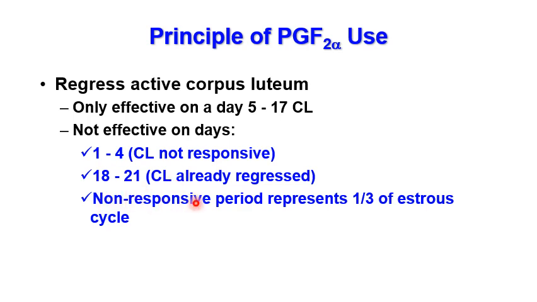The non-responsive period would represent 1/3 of the estrous cycle, so that is 8 days. 1 to 4 is 4 days plus 18 to 21 is 4 days. So that would be 8 over 21, or 1/3 of the estrous cycle, that is non-responsive to PGF2 alpha. The other 2/3 of the cycle is of course the one that is responsive to the PGF2 alpha, and it is a time where we could make an impact on the CL.